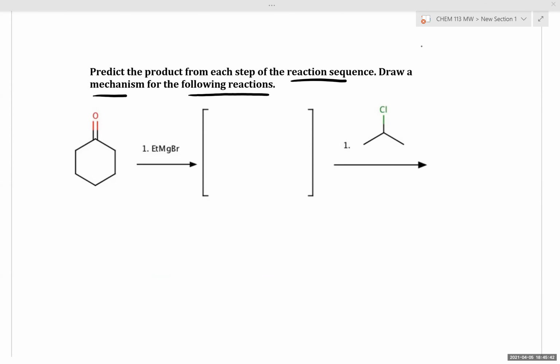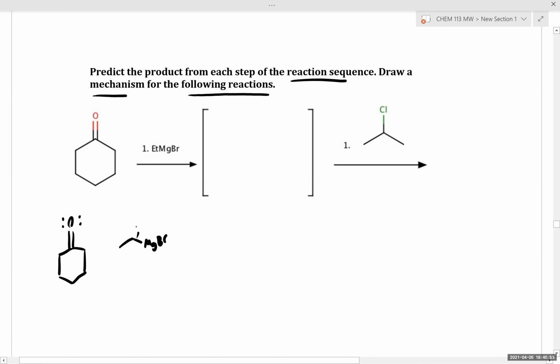That's part of why I included this follow-up example and why I chose this example as review, because it encapsulates this idea of Grignard addition into carbonyls and it reviews the Williamson ether synthesis.